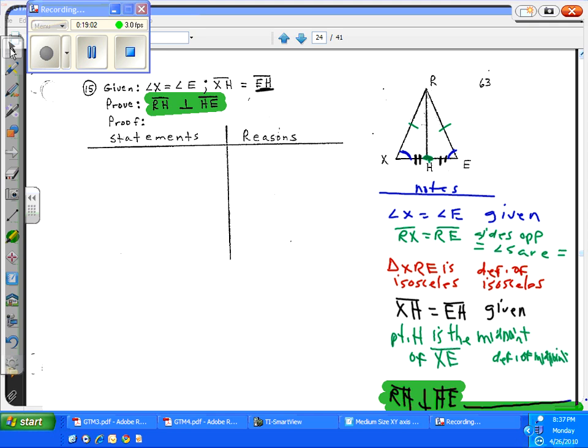Perpendicular lines are two lines that intersect to form equal adjacent 90-degree angles. That's the definition. So maybe I could prove that they're perpendicular by definition of perpendicular. Well, how would I do that? Well, I would have to prove that the angles formed by those two lines are equal, adjacent, and 90.